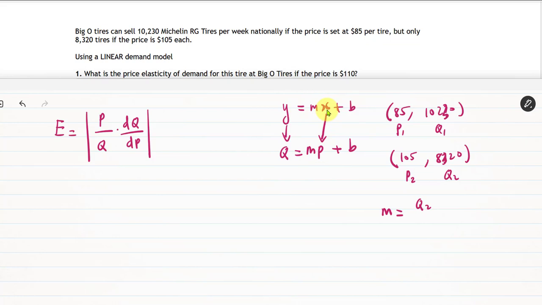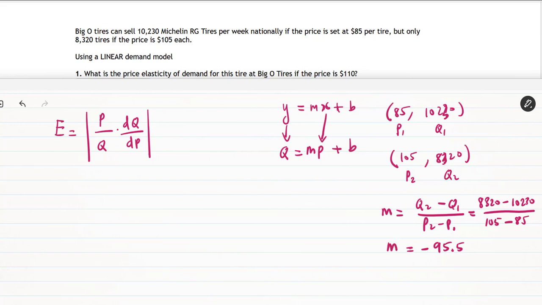So this should be 8,320 minus Q1, which is 10,230, divided by P2, 105, minus P1, which is 85. If you do that correctly, you should get negative 95.5 for the slope m.